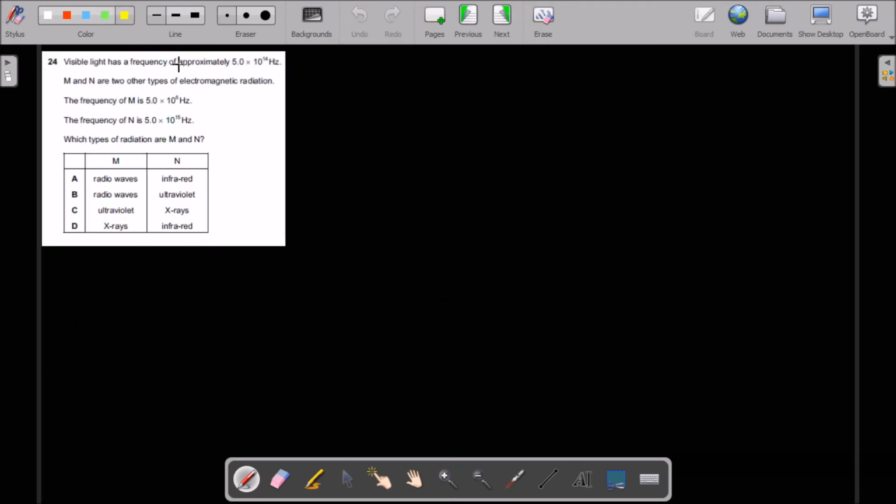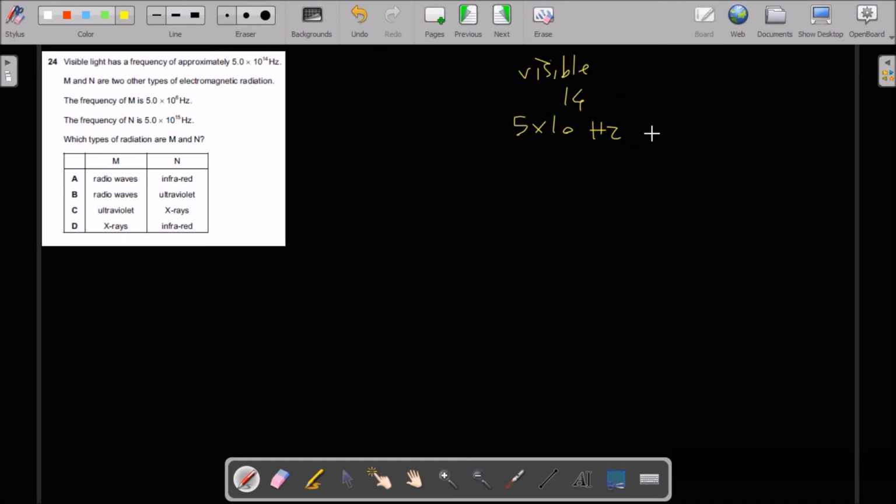Question 24. Visible light has a frequency of approximately 5 times 10 to the power 14 Hertz. M and N are two other types of electromagnetic radiation. The frequency of M and the frequency of N is given. Which types of radiation are M and N? Okay, this is 5 times 10 to the power 14 Hertz, which is for visible light.